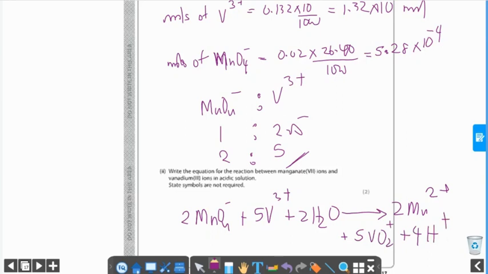H plus and H2O should be added accordingly. You can construct the two half equations and then equalize the electrons and add.